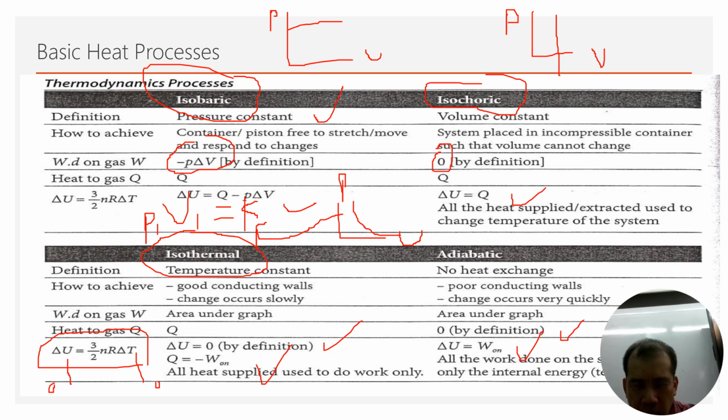But for adiabatic, any change in internal energy is used to do work. They are not the same arrow direction. So to repeat, for isochoric, any Q you put in affects the delta U, and for adiabatic, any change in delta U is used to do work.